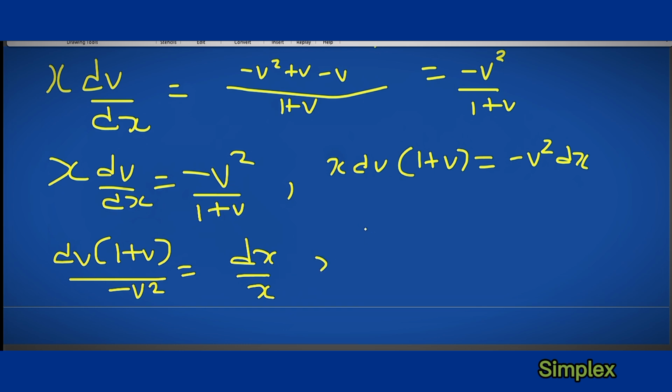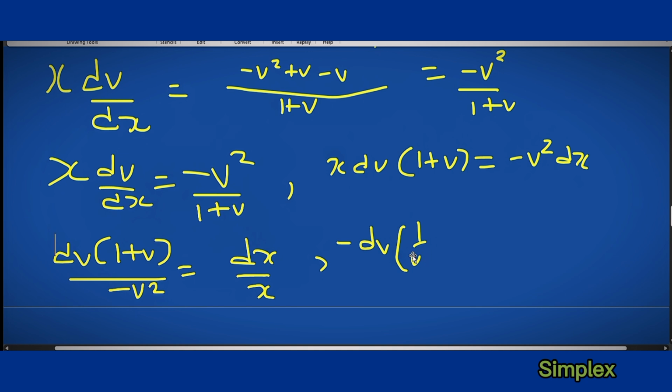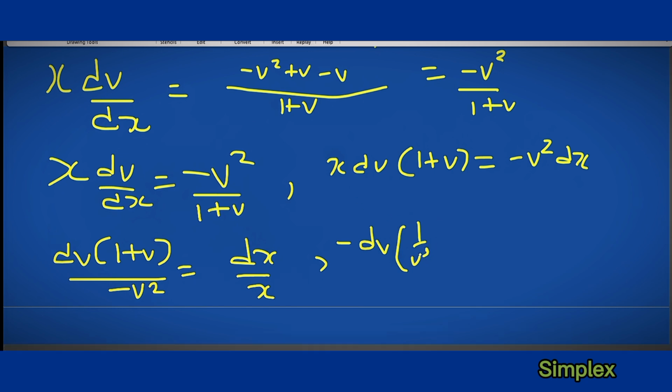So we have that dv times (1 over v squared plus 1 over v), with the minus put outside, is equal to dx over x.